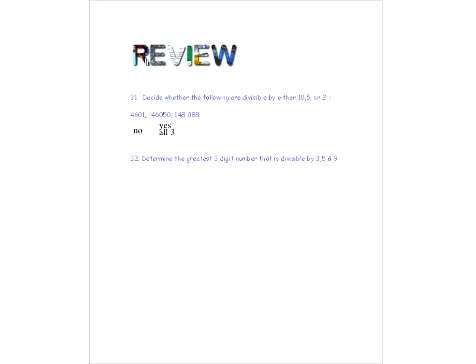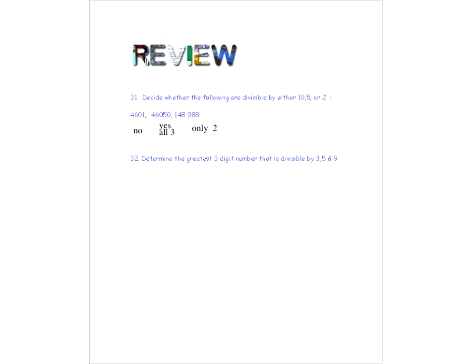And anything that ends in 0 or 5 is divisible by 5. Okay. How about the last one, 148,088? Is that divisible by 10, 5, or 2? You're right. Only by 2, right? Okay, good stuff.